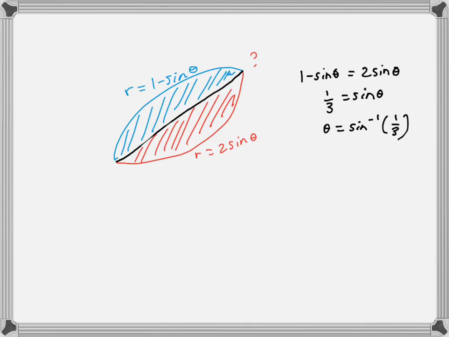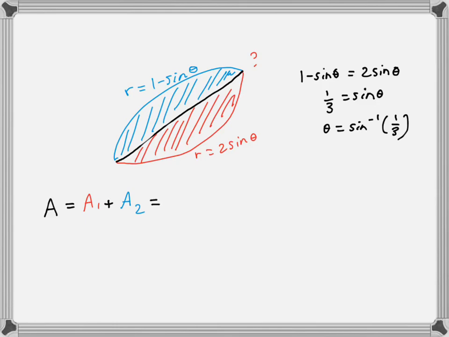Okay. So for the red part, I'm going to have two different parts, right? I'll call the red part A1, and I'm going to call the blue part A2.